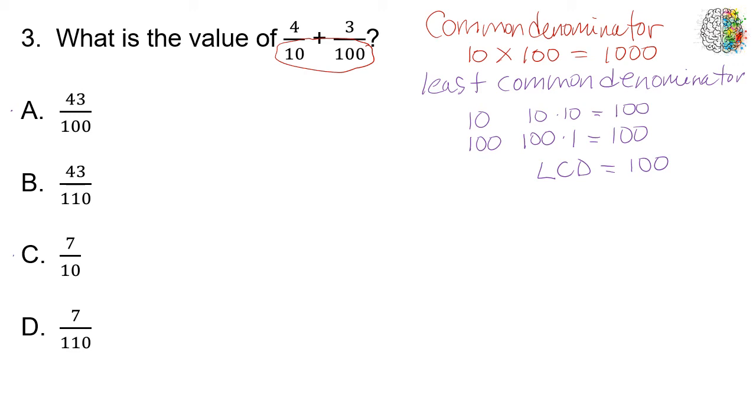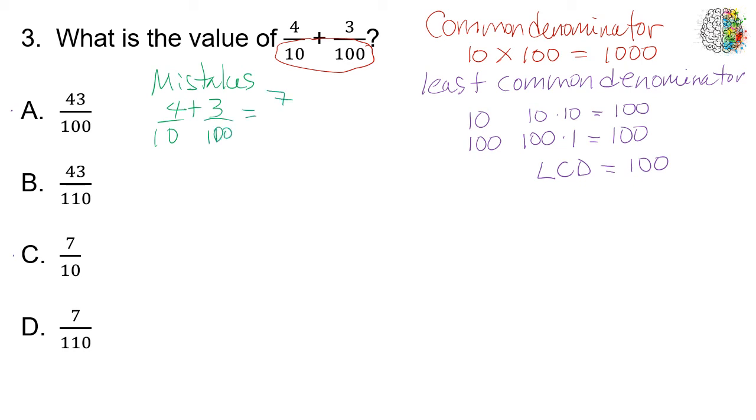If I look at options B and D, they have a denominator of 110. So if I'm starting with a common denominator of 1,000 or a least common denominator of 100, that's not very likely to end up simplifying to 110. You also want to recognize that one of the common mistakes of adding fractions is just to add straight across. Oops.